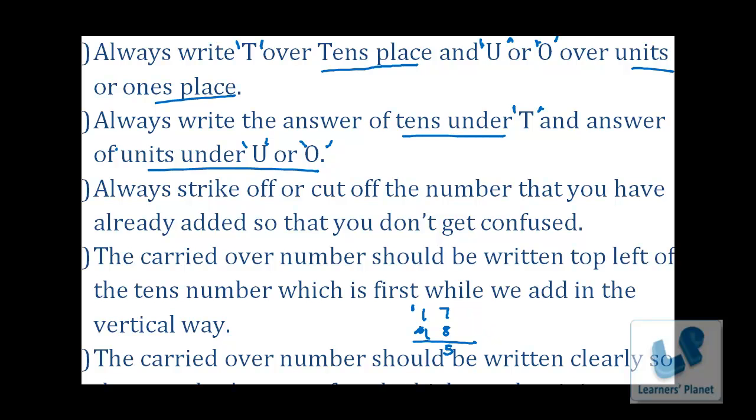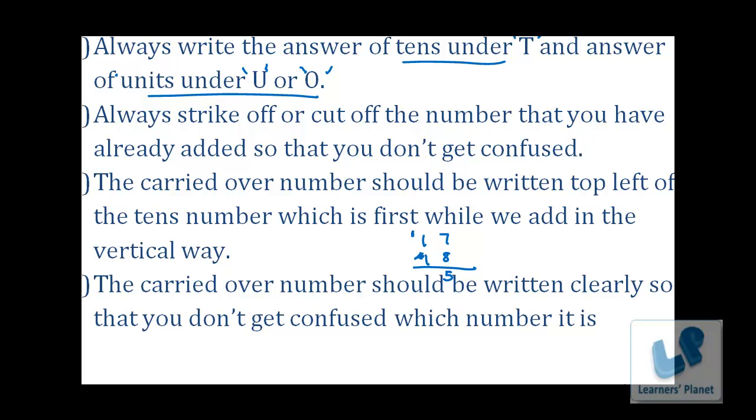The last point is the carried over number should be written clearly so that you don't get confused about which number it is. Suppose you have written 1 but you write it like this. Now what does this look like? This either looks like 7 or 2. It doesn't actually look like 1. So be careful and write it clearly.